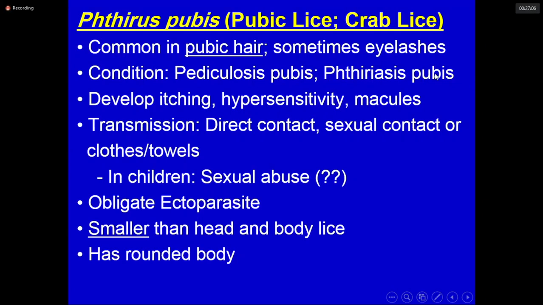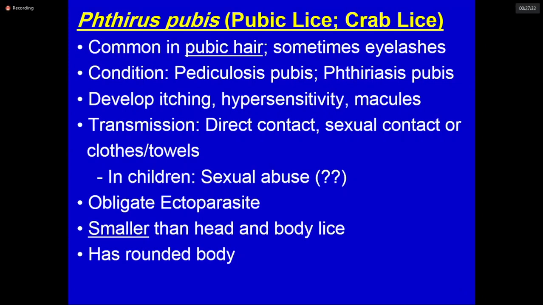So you should know the names. Phthirus pubis, pubic lice, crab lice, the condition pediculosis pubis, or called phthiriasis pubis. The patient develops itching, hypersensitivity to the parasite, macules also, skin lesions called macules.